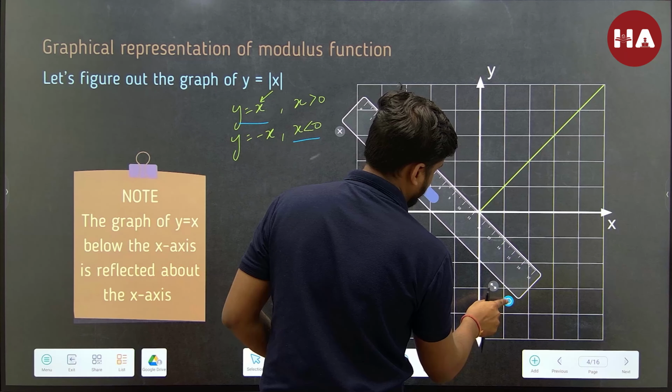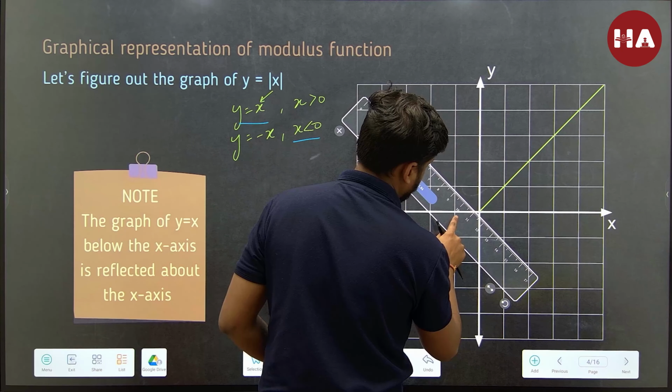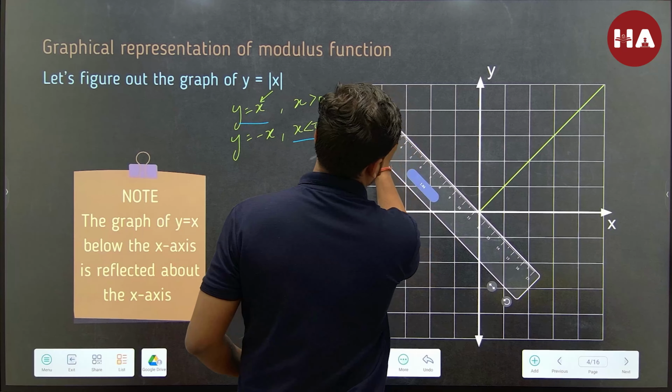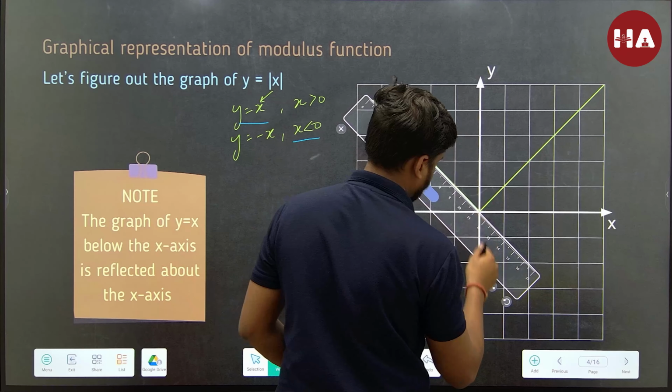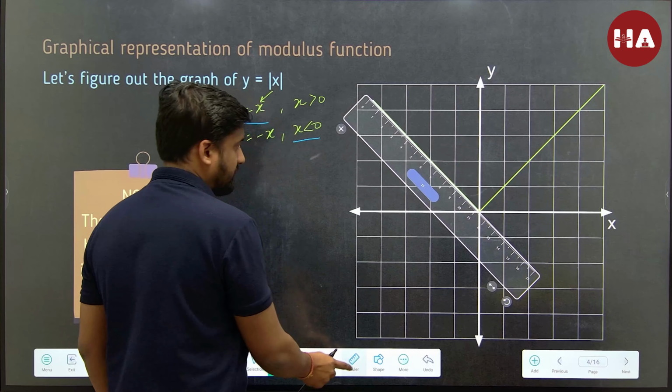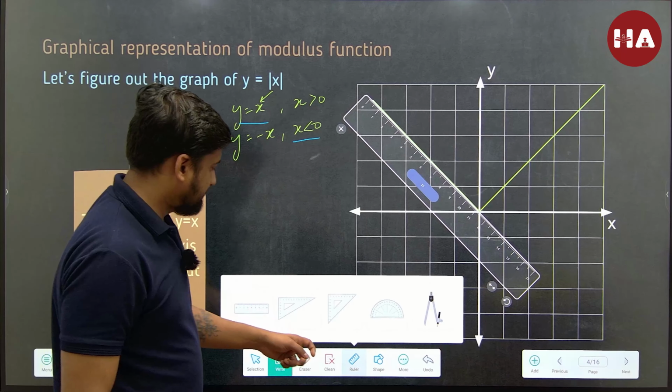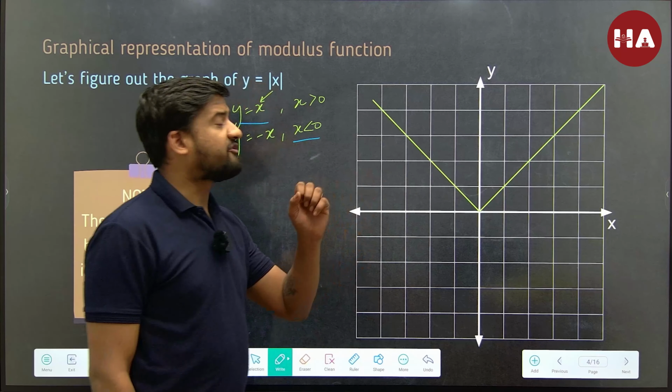Not exactly. Fine. All right. So I'll be getting this function as my final answer.